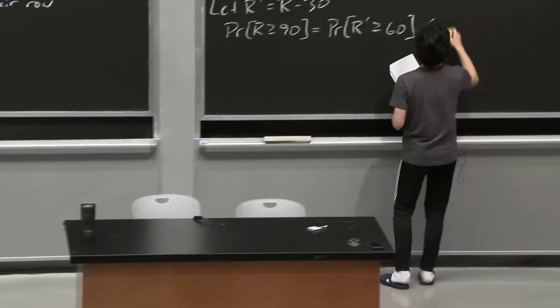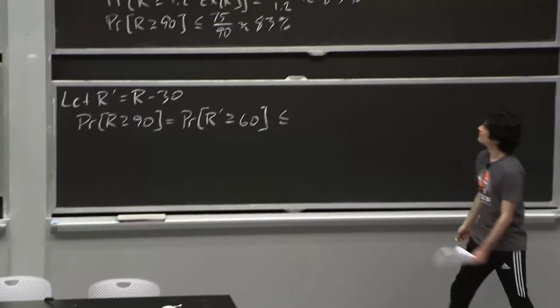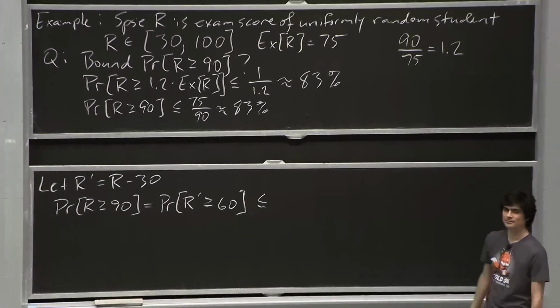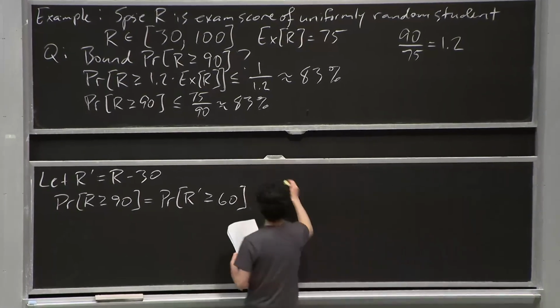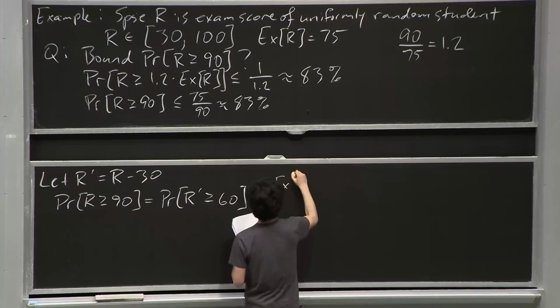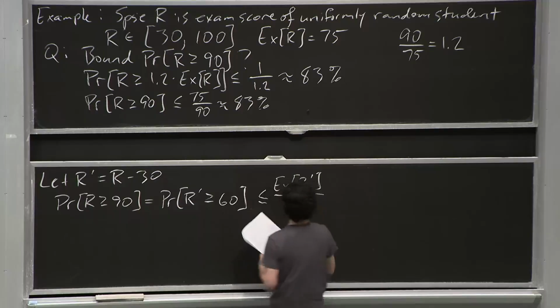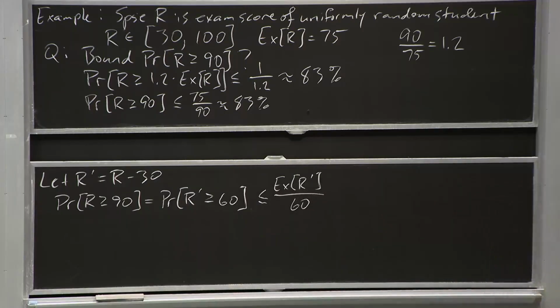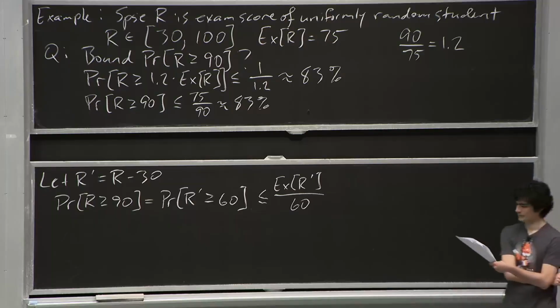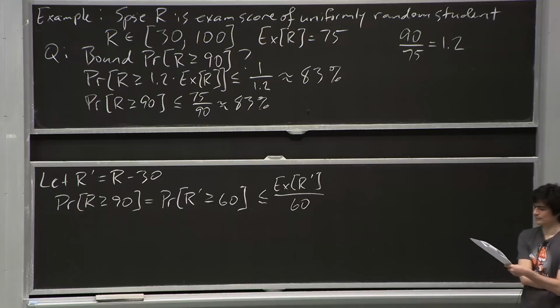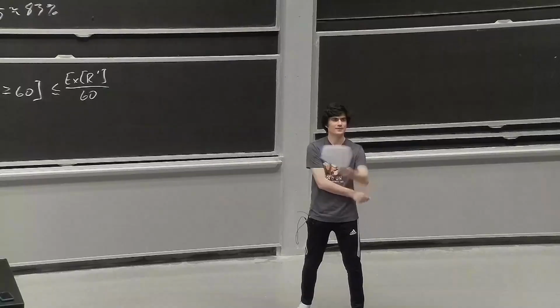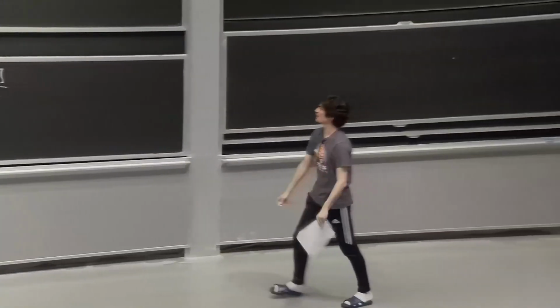Well, this is going to be at most the expectation of R prime divided by 60. What is the expectation of R prime? 45. Yeah.